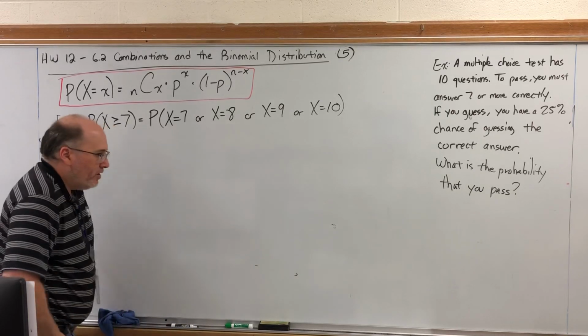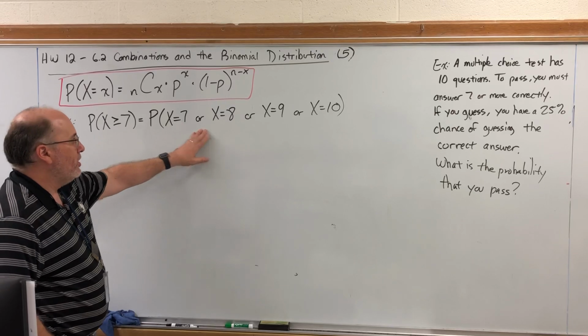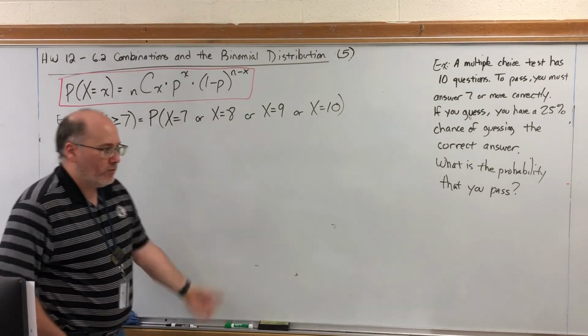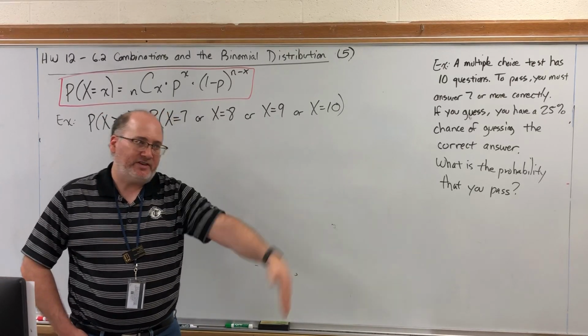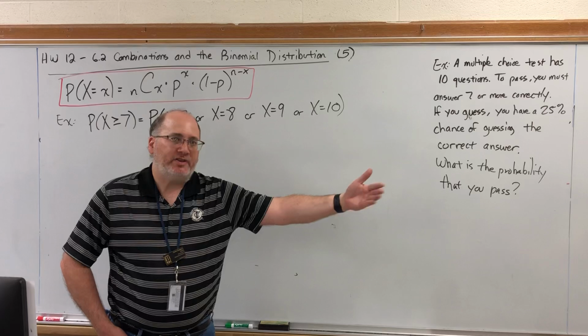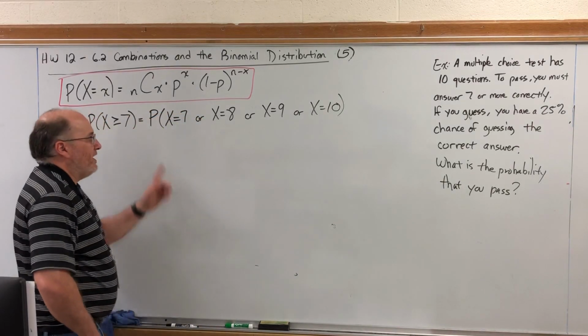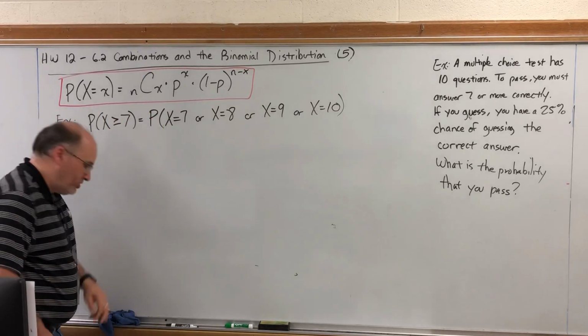Now, we had a rule for OR probabilities earlier. When it was two events, it was kind of a long formula. It was the probability of the first plus the probability of the second minus the joint probability of both of them happening at the same time. We didn't really talk about a longer formula for more than two events unless they were mutually exclusive.